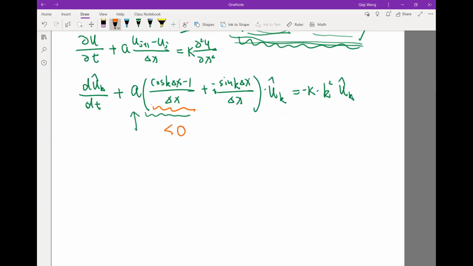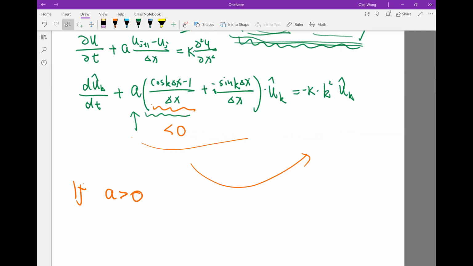So the stability of this thing depends on what happens when you move this thing to the right hand side. If a is greater than 0 and a is multiplied by something less than 0, the whole thing is less than 0 when it is on the left hand side, which means when you move it to the right hand side, it will be greater than 0.